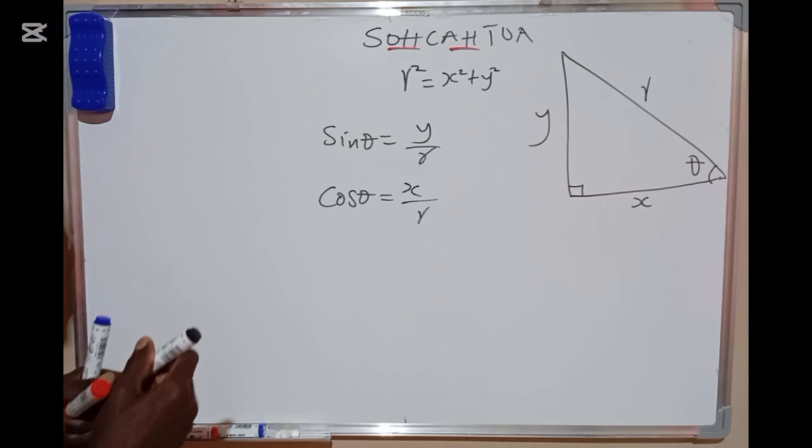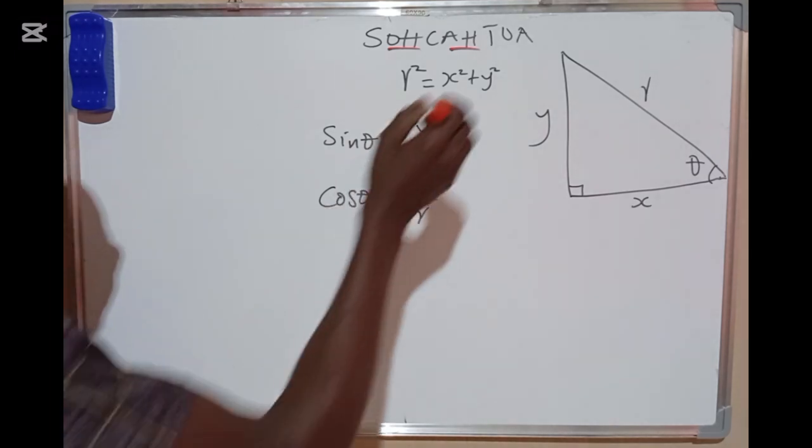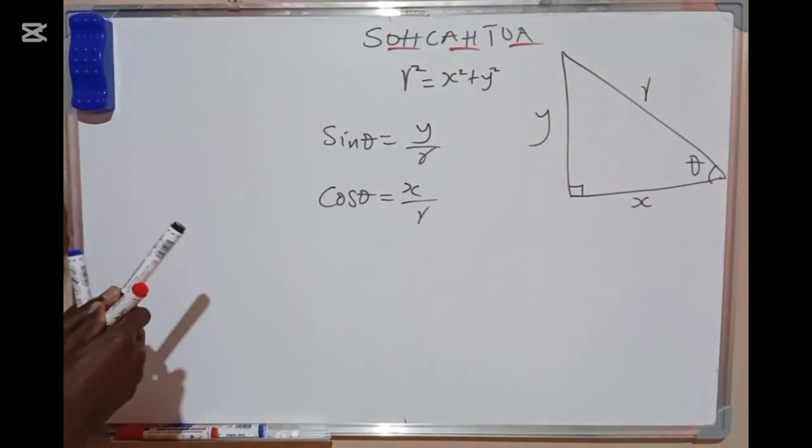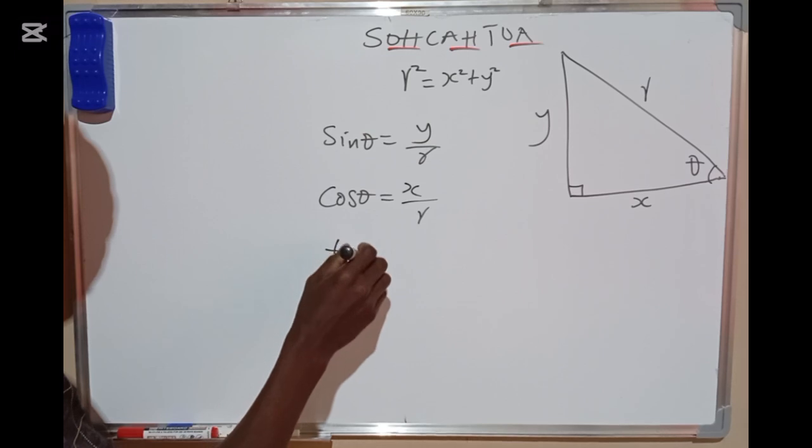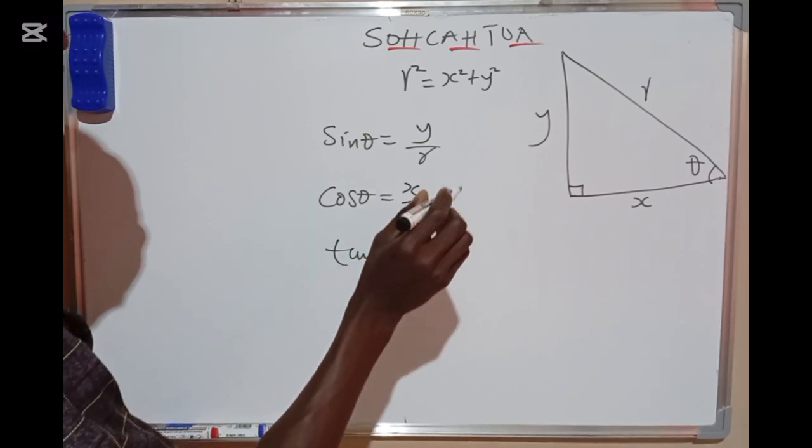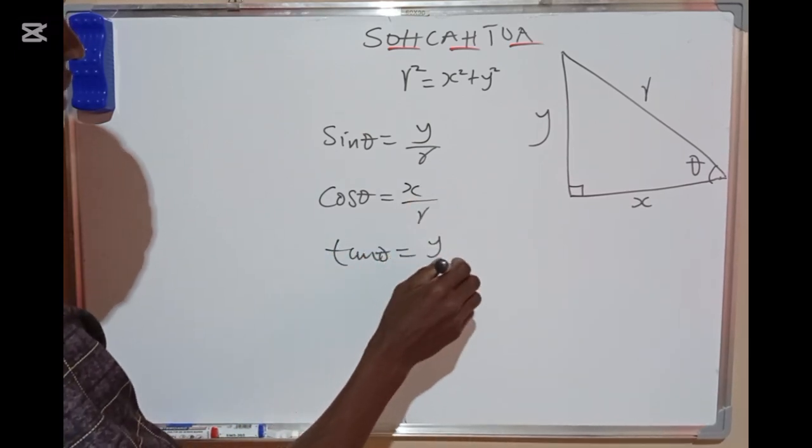Then tan theta is opposite all over adjacent. That means tan theta is equal to opposite, which is y, over adjacent, which is x.